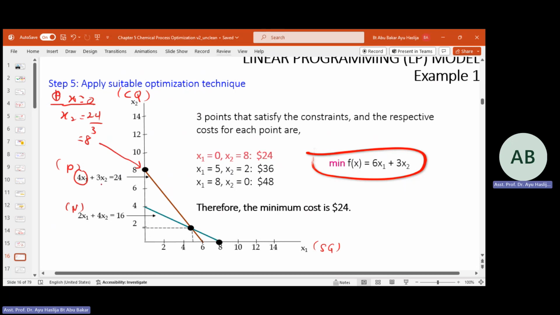Okay, so if x2 equals 0, x1 would be 6. Okay, we focus on the phosphate first. If x2 equals 0, then x1 equals 6. So that's how you get the point here.